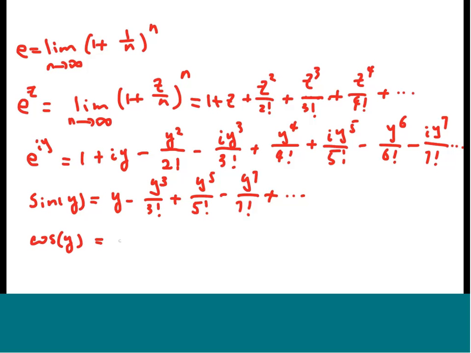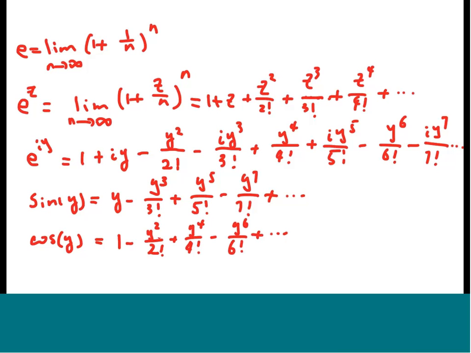So cosine y is going to be 1 minus y squared over 2 factorial, then plus y to the 4 over 4 factorial, then minus y to the 6 over 6 factorial.